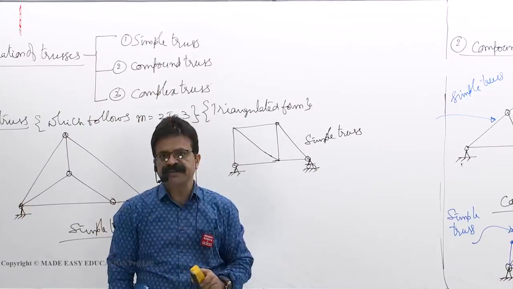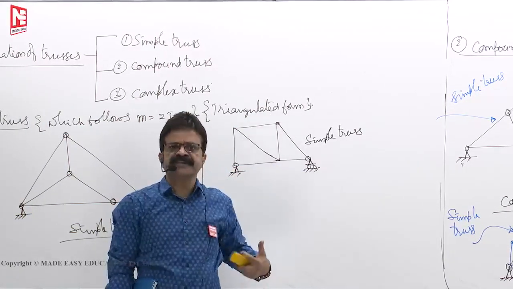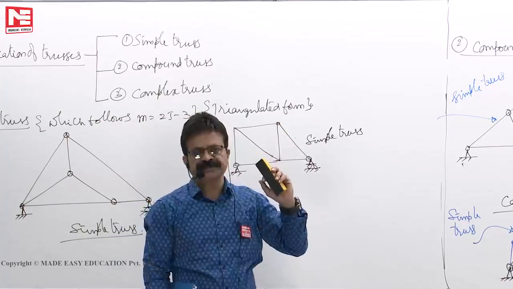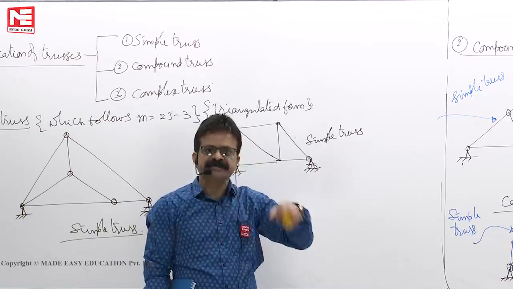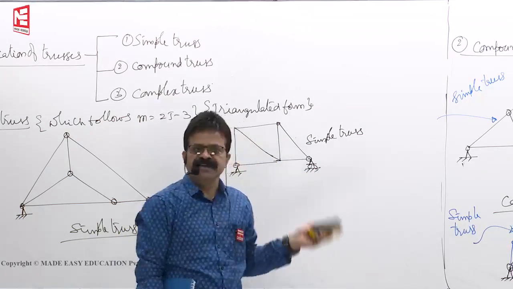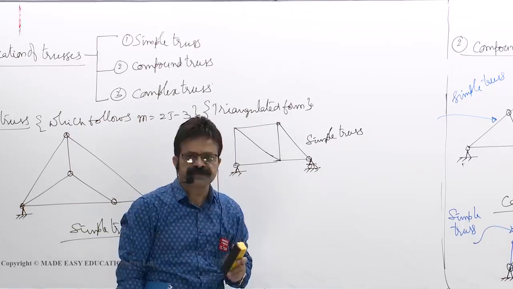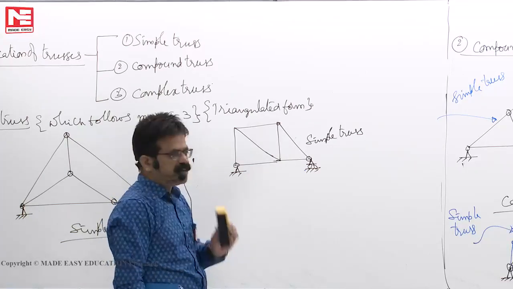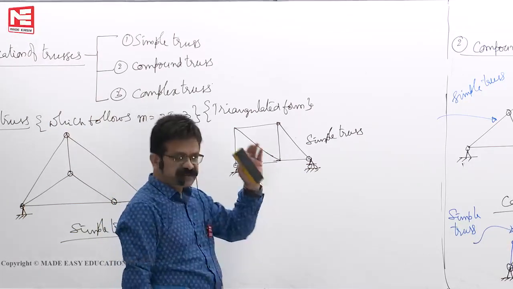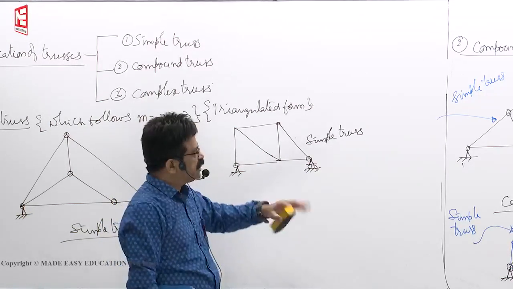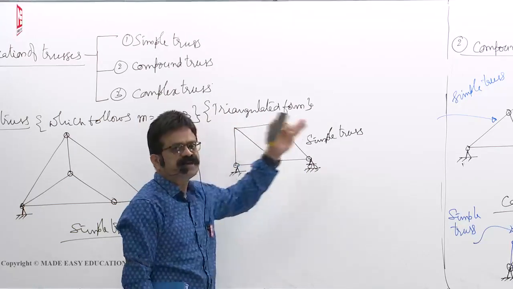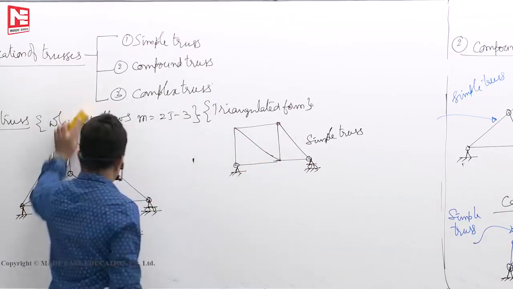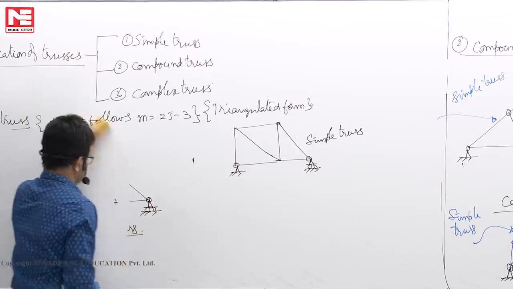But if they are not symmetrical, you have to solve all the simultaneous equations. It takes a lot of time. Complex trusses mean we have to get all the simultaneous equations and solve them. Such trusses we call complex trusses, which are the trusses which cannot be classified as simple or compound. So that is the third one.